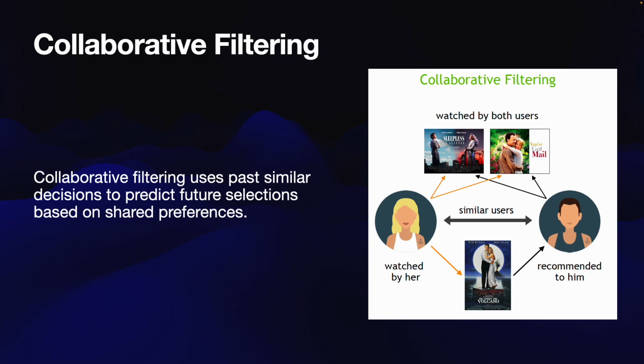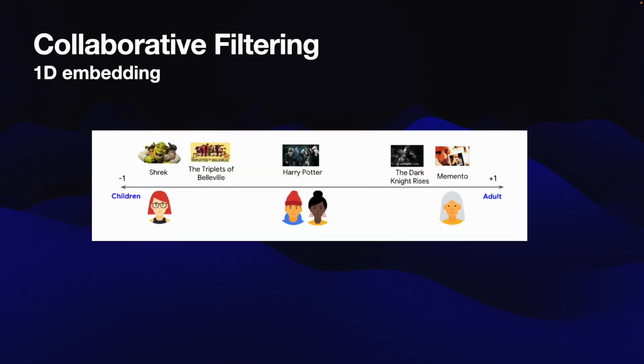And then we know that Sarah also liked this movie, Volcano. So we might assume that because they like similar movies, Tom will also like this movie. And yeah, so we recommend it to him. That's kind of the basic principle of collaborative filtering. And usually it is done using matrix factorization, or you could, for example, just call it an embedding for each person.